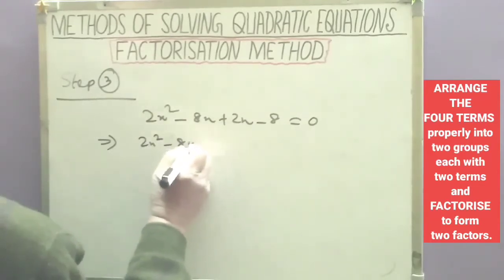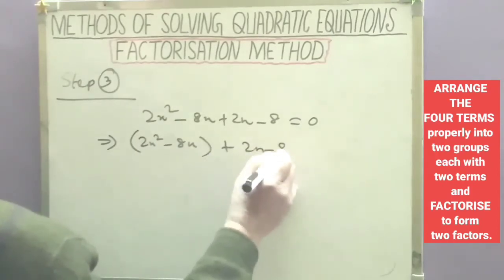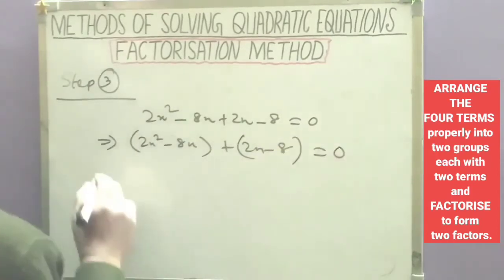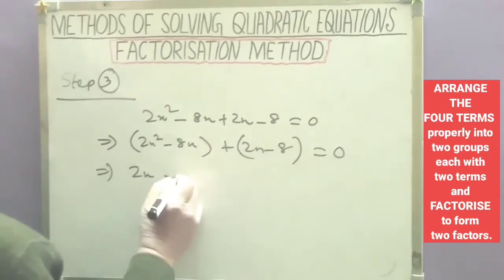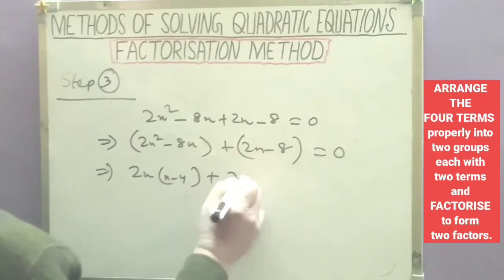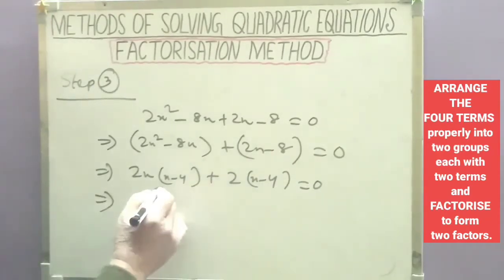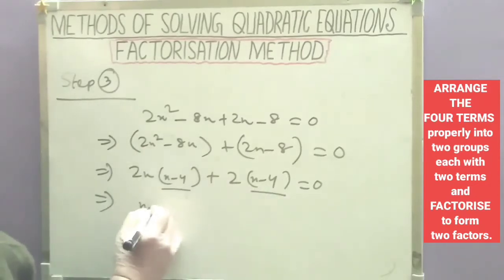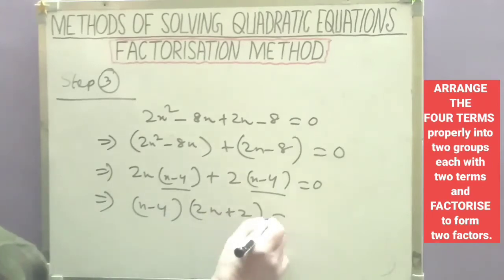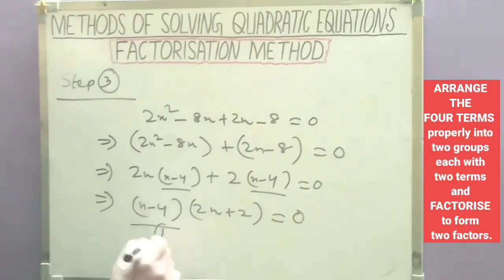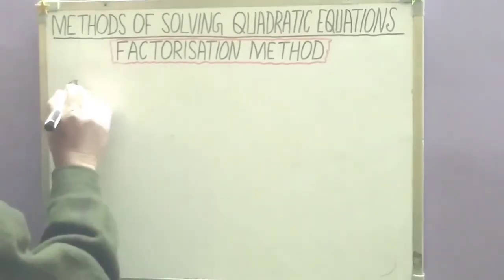Then grouping into two groups, taking common, 2x into (x - 4) plus 2 into (x - 4) equals 0. So here, taking (x - 4) common, we have (x - 4) into (2x + 2) equals 0. So here two factors, x - 4 and 2x + 2.